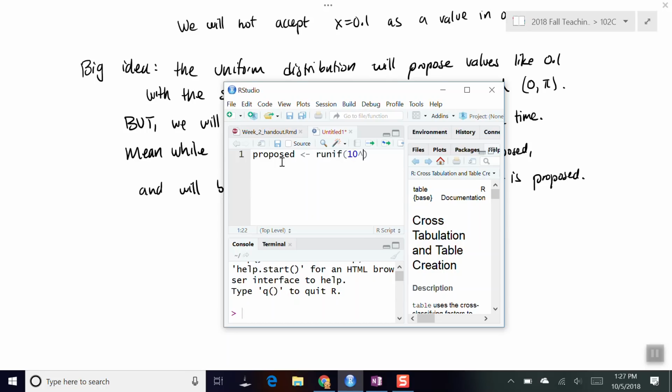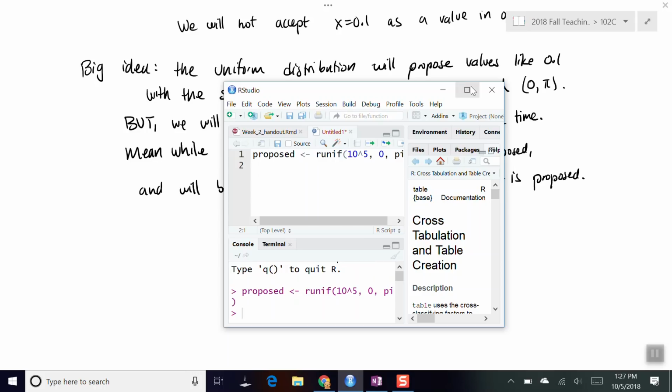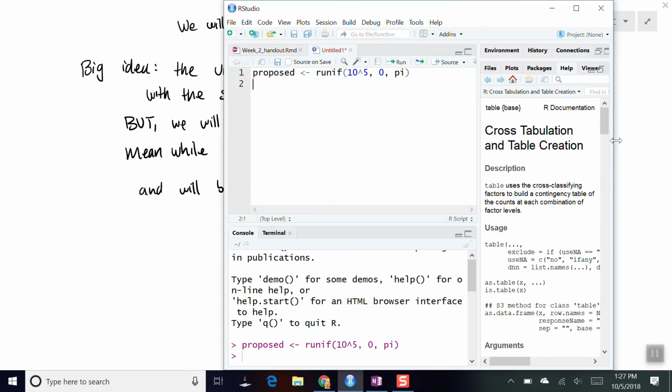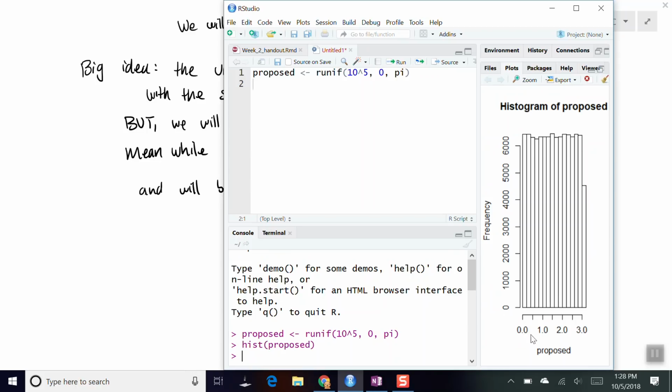Let's ask for 100,000 of these on the interval 0 to pi. Let me just make this a little bit bigger. If I make a histogram of the proposed values, we see all the values between 0 and pi showing up with kind of equal probability, right?